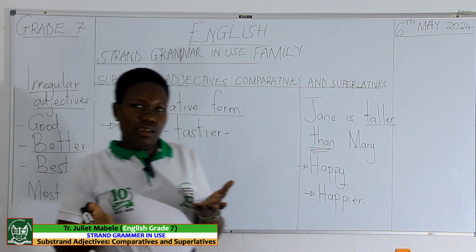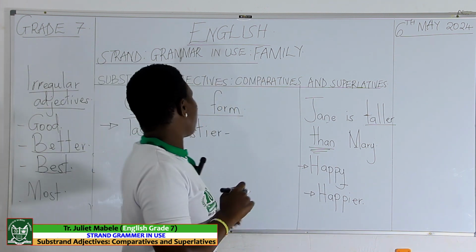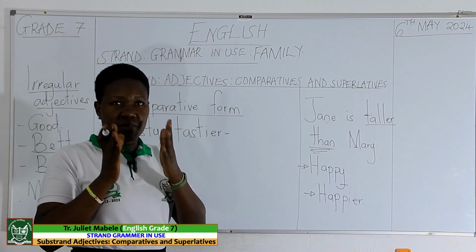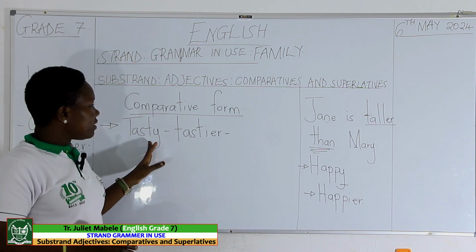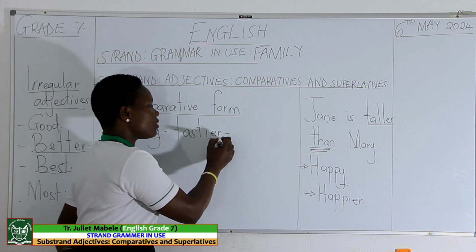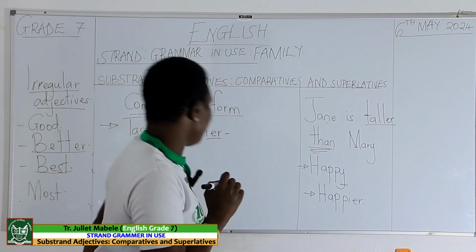What about the superlative form of this same word? We'll get to that when we get to the superlative form. Right now we are dealing with the comparative form of adjectives. So tasty changes to tastier. That is, you drop the Y and you replace it with the suffix IER at the end.